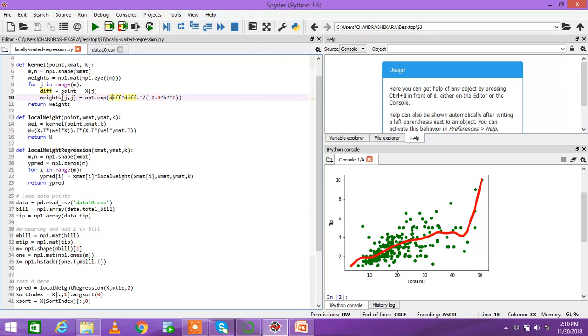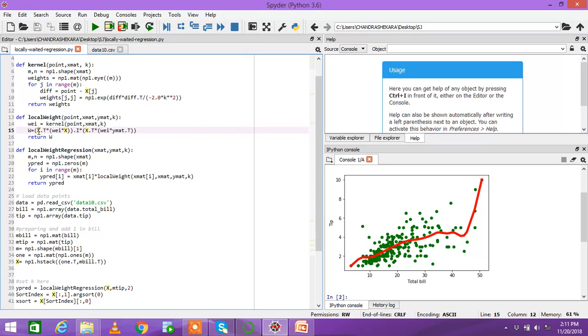According to the formula, the weight is calculated as np.exp of the dot product divided by 2c square. So 2 into c square, where c is the kernel k. Here we have taken k as 2 for c square. Now the kernel function will return the weights here, and here we have the local weight calculation.